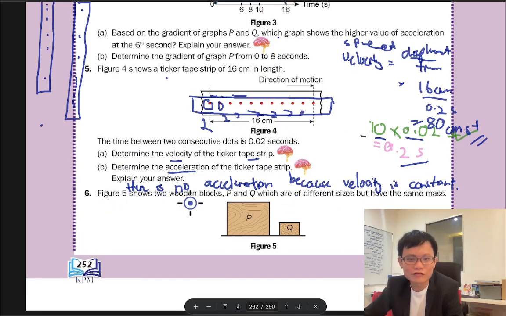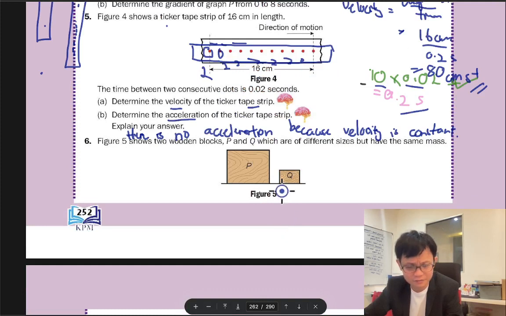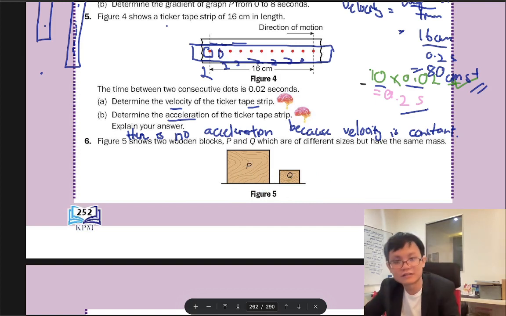Figure 5 shows two wooden blocks P and Q that are different in size but the same mass. So I want to ask, P and Q, which one is heavier? Very good. If I ask which is heavier, both are the same.